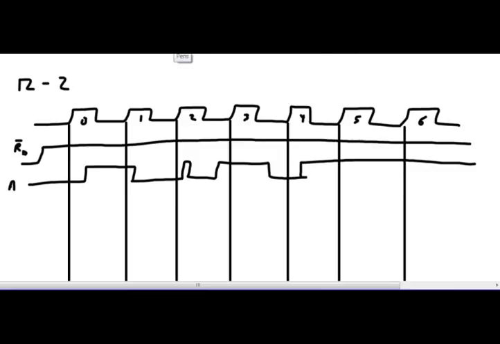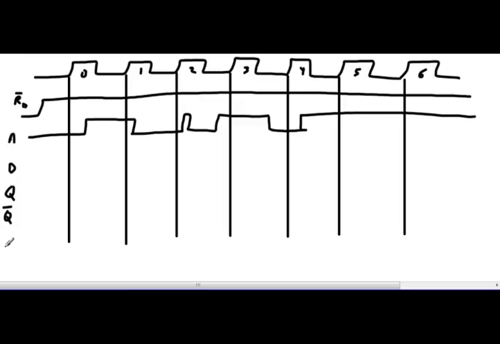Okay, which came first, the chicken or the egg? Okay, so we're looking at what D is, what Q is, what Q naught is. I know what Q naught is, it's whatever Q isn't, and what X is. All right, so I put those two close together. But I know what D is at the beginning.